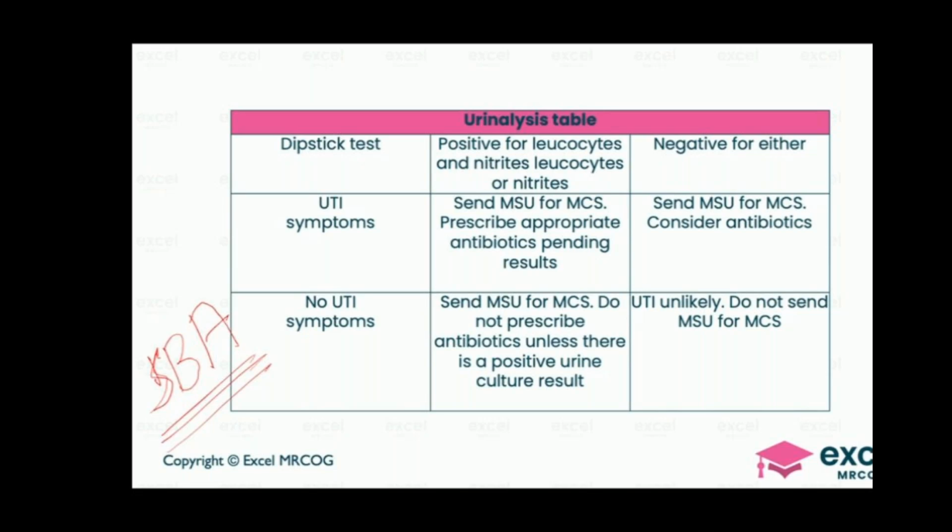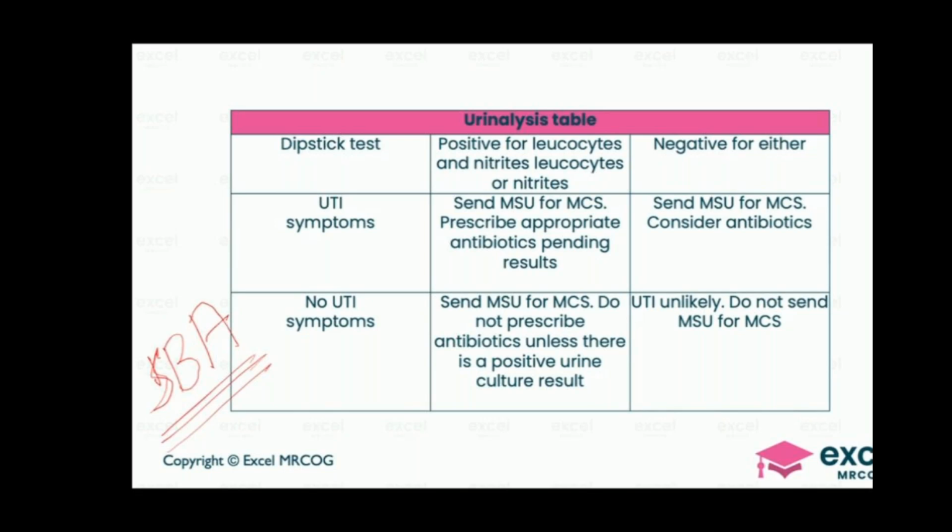Okay, so remember, symptoms and antibiotics. One is definitely offer, the other thing is consider. Okay, no UTI symptoms, need not start antibiotics. But if she is positive for leukocytes and nitrites, you would send midstream urine for culture sensitivity. That is for sure.